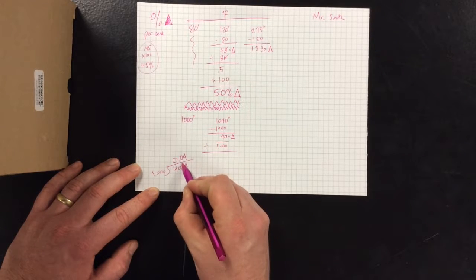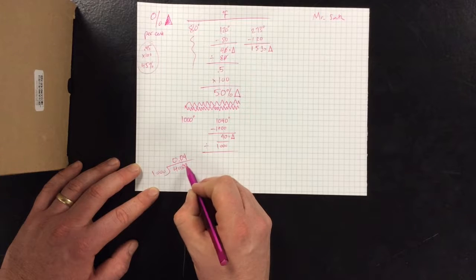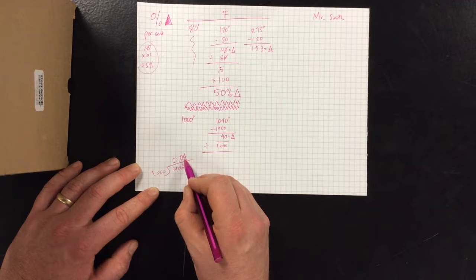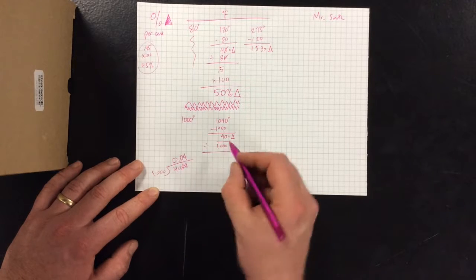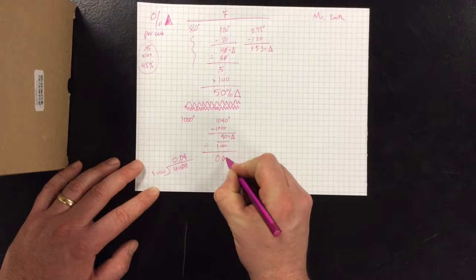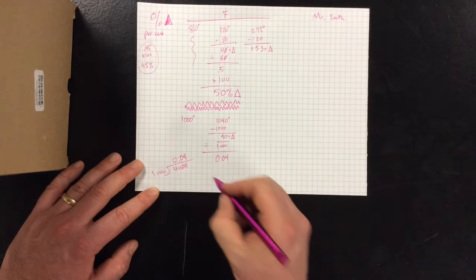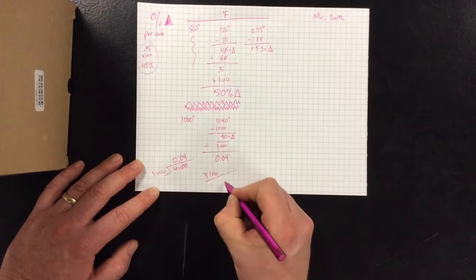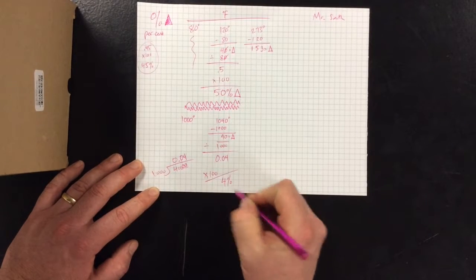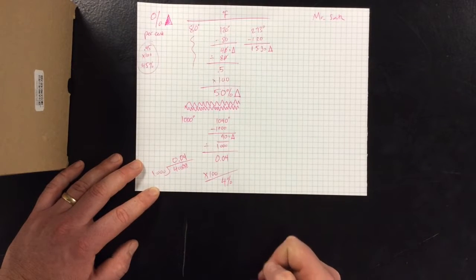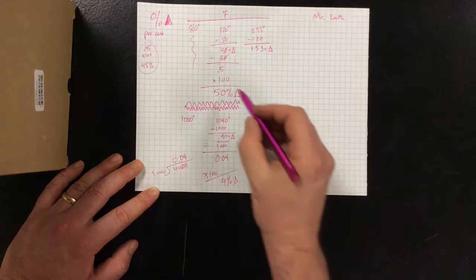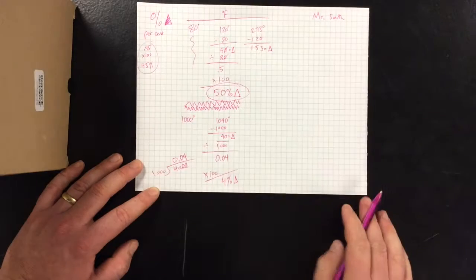Notice that this 0 went up because the answer was 0. This is where we get our answer. 1,000 goes into 4,000 4 times. So the answer is 0.04. Now, times 100 equals 4% change.